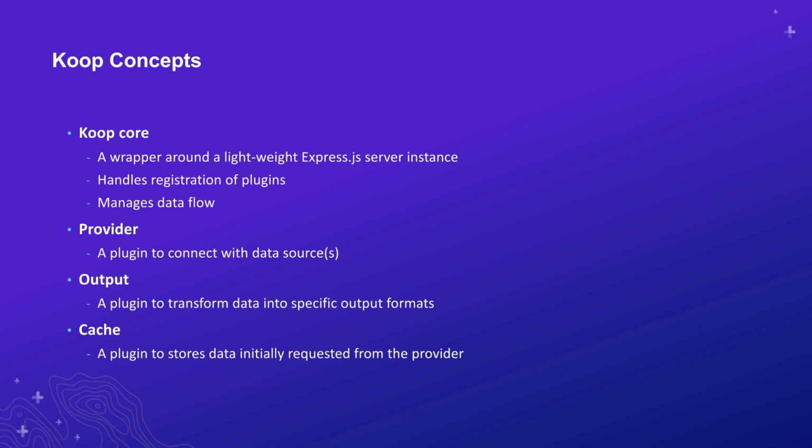There's also a cache plugin, and the cache plugin is used to store data so that the data doesn't always have to be fetched from the remote data source. So for instance, if you have subsequent requests that are exactly the same, you can get the data from the cache instead of going to that remote API each time.